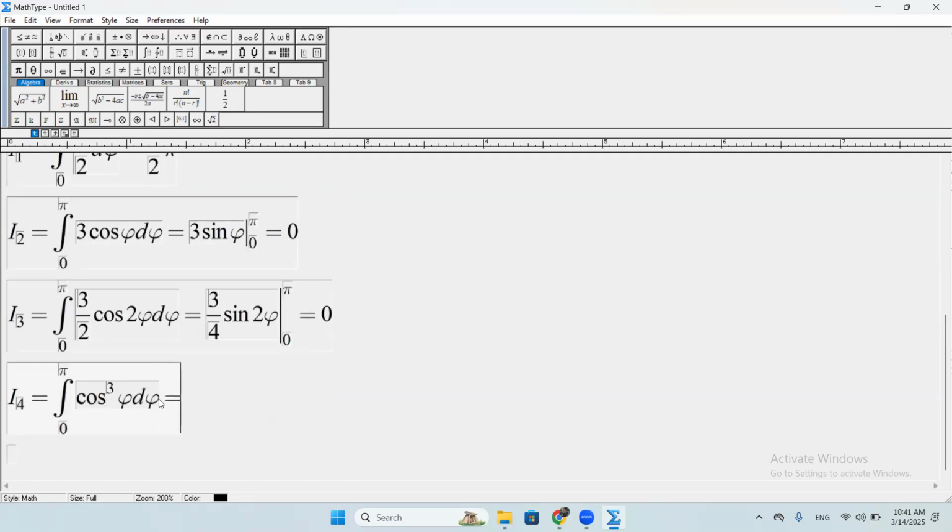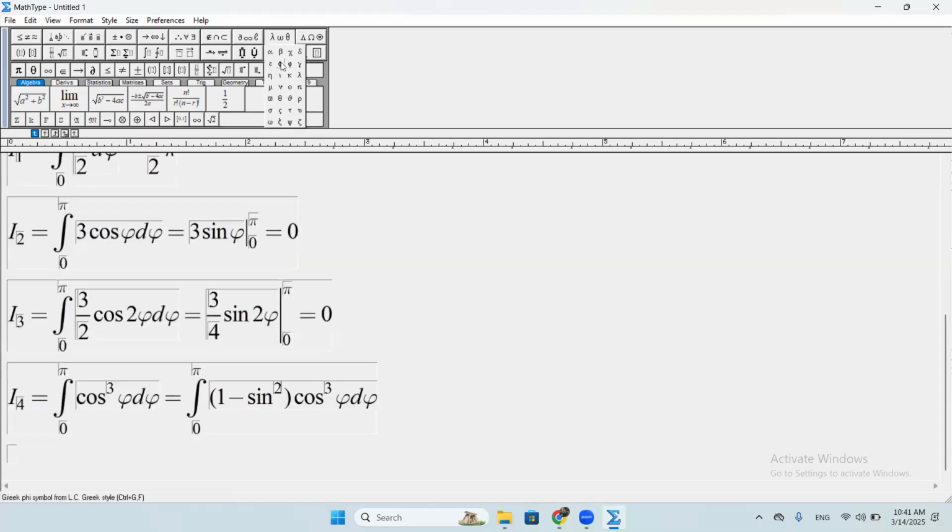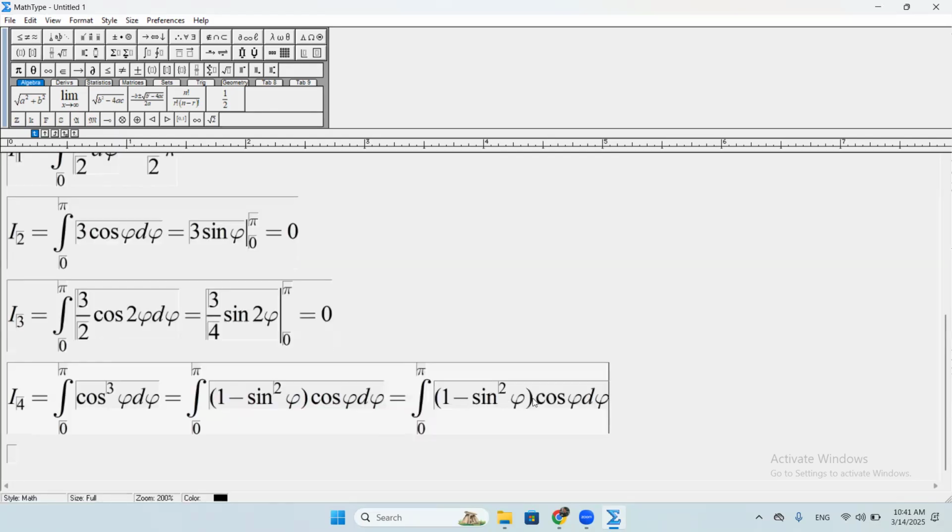Let's modify it a little bit. We'll remember some practice: 1 minus sine square of phi multiplied by cosine of phi, and cosine of phi d phi is the differential of sine of phi.